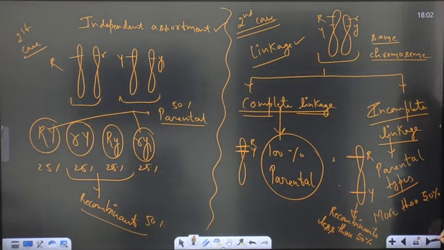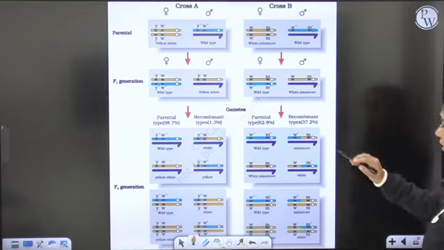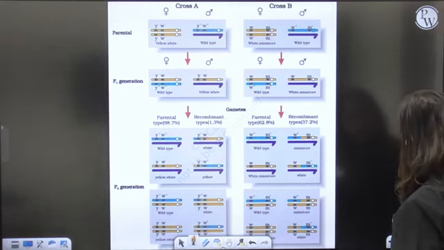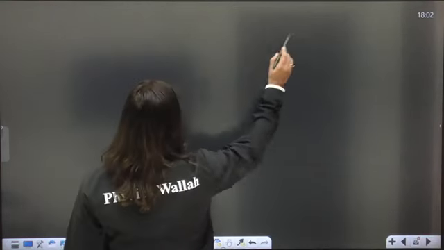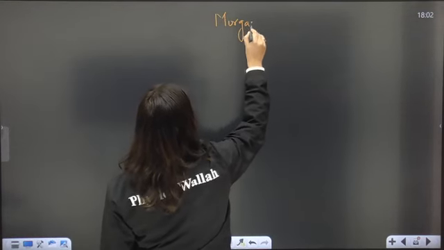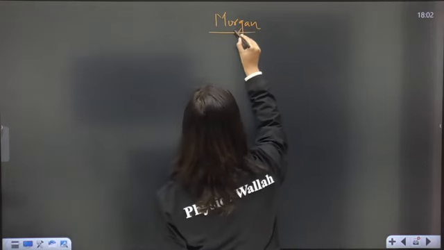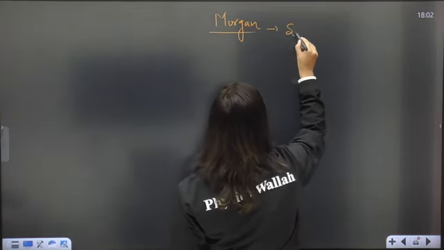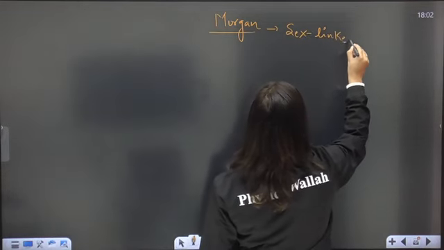Let's understand the experiment of Morgan. But before understanding this, let's understand what are the traits that Morgan took for his experiment. Morgan took sex-linked traits for his experiment.